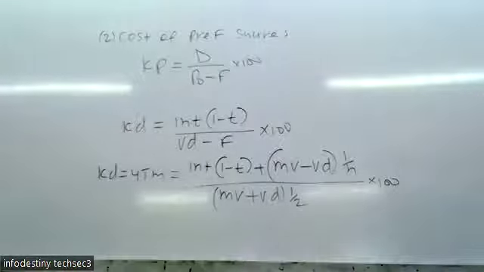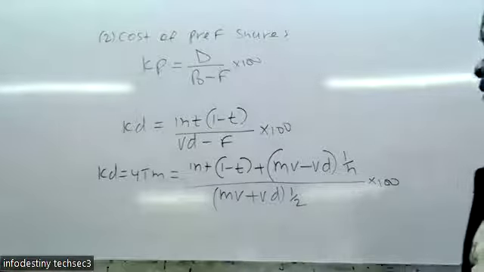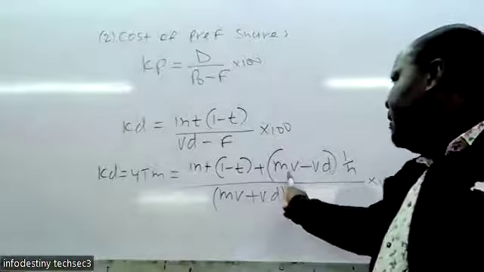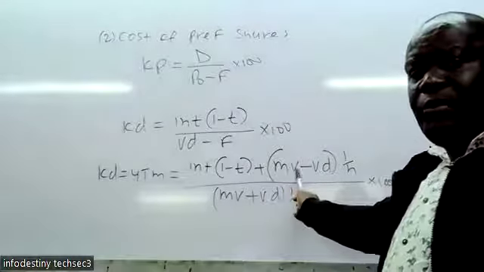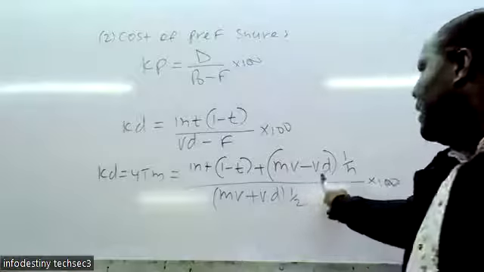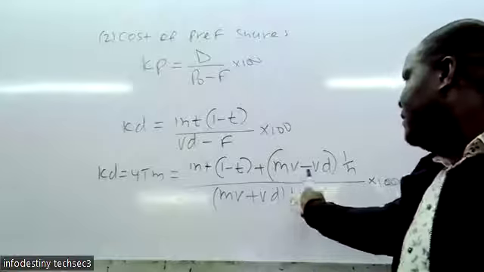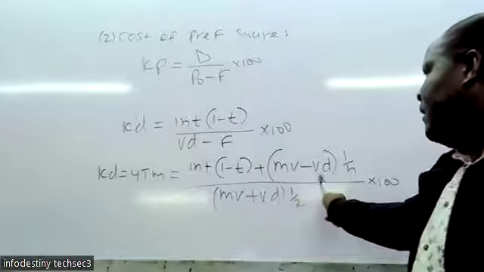So KD is the yield to maturity, equal to interest times 1 minus the tax rate. This is the maturity value, and this is the current value.